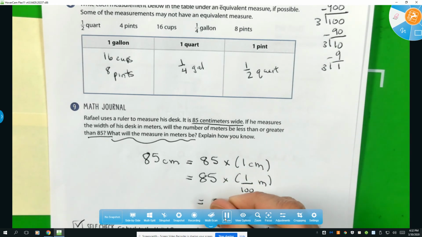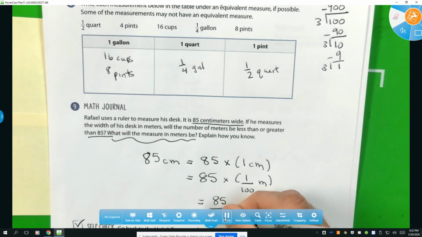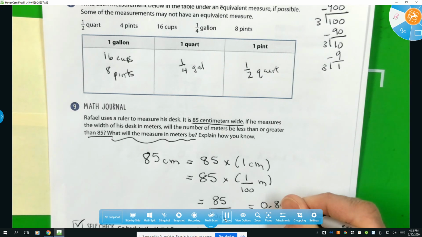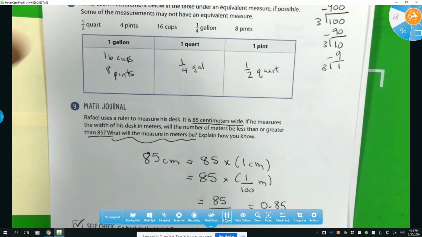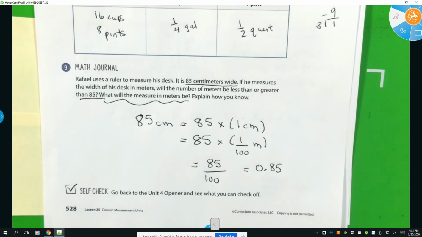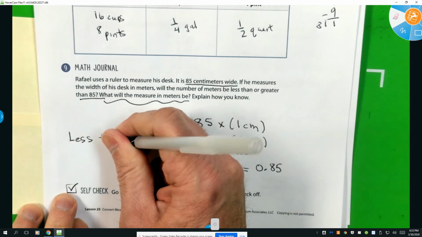And that's the same as saying 85 1/100ths, or 0 and 85 hundredths right here. Okay, so the question is, will the number of meters be less than or greater than 85? And what are you going to say? First of all, it's going to be less than.